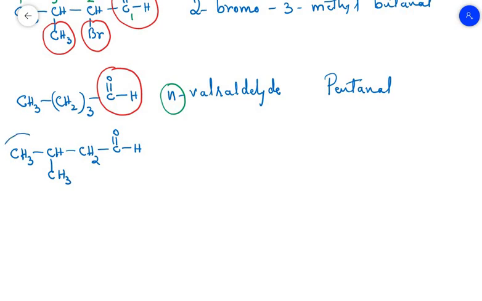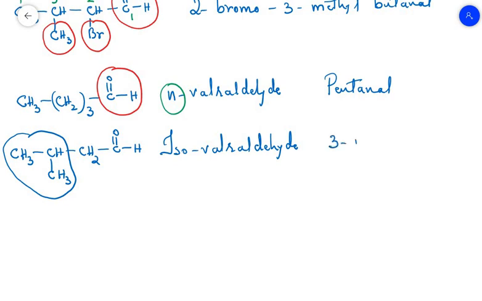Already once I have told this. Now this group is called as iso, so isovaleraldehyde will be the common name. And the IUPAC name becomes 3-methylbutanal.